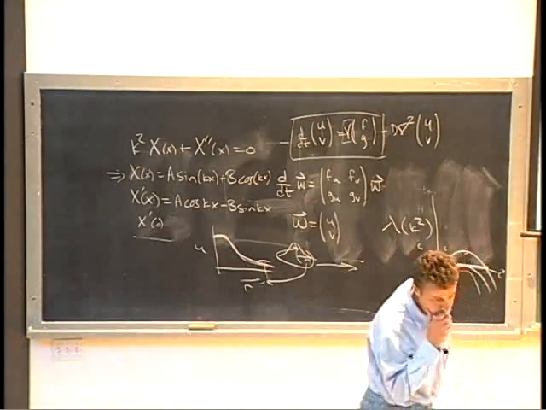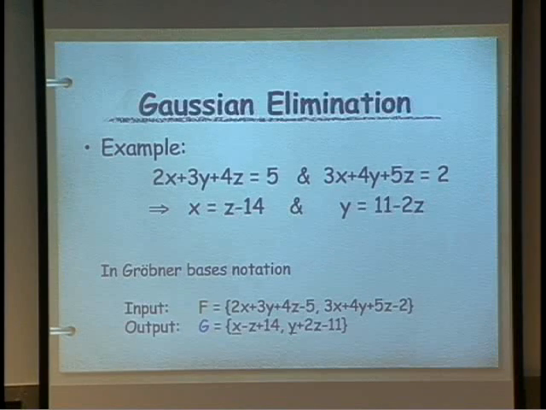So example, Gaussian elimination. Suppose we have a system of two linear equations in three unknowns, x, y, and z. So here they are, 2x plus 3y plus 4z equals 5, and 3x plus 4y plus 5z is 2. So this is a system of linear algebraic equations, and let's feed them to some machine, and out comes a perfectly equivalent system of equations, which says x equals z minus 14 and y equals 11 minus 2z.